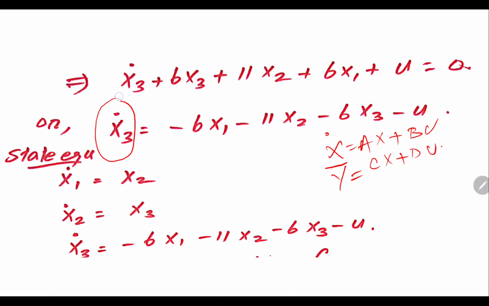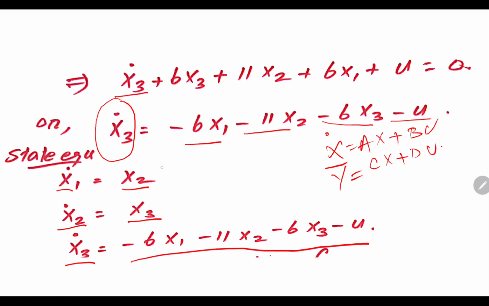I am keeping x3 dot here and pushing all the other variables to the right hand side. I will get x3 dot is equal to minus 6x1 minus 11x2 minus 6x3 minus u. So we have 3 state equations. First one is x1 dot is equal to x2, x2 dot is equal to x3, and x3 dot is equal to this one.